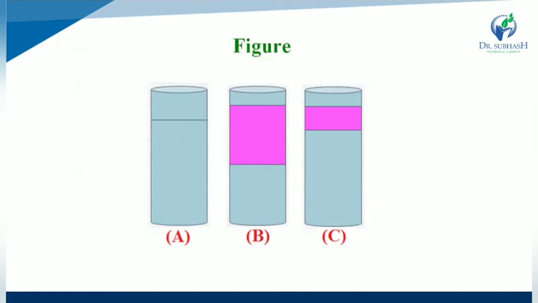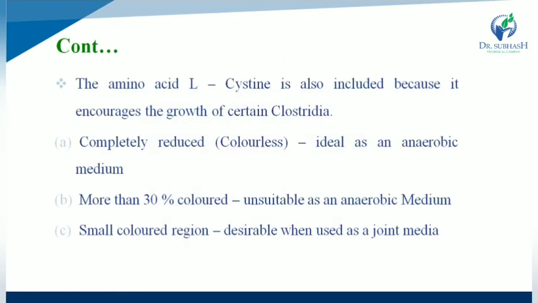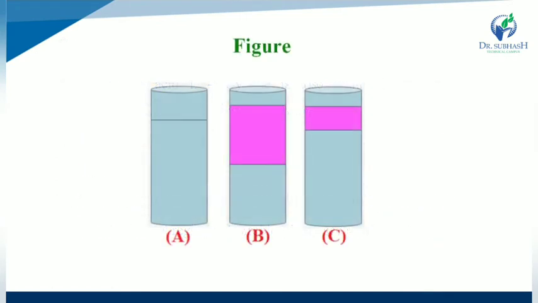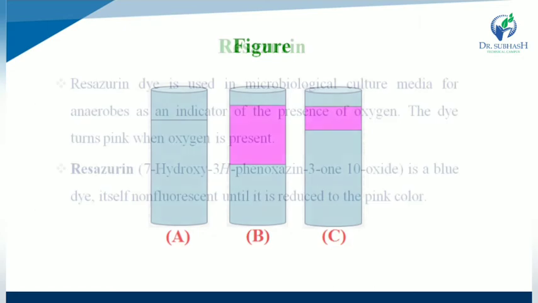In figure A, completely colorless is ideal as an anaerobic medium. In B, 30% colored is unsuitable as an anaerobic medium, while in C, a small colored region acts as a joint medium.